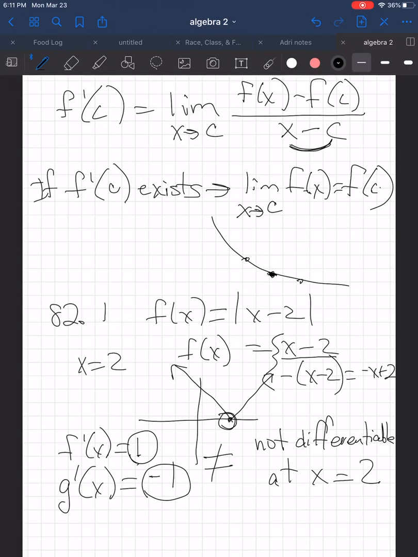So we used derivatives and determined that on one side it was a positive 1, on the other side a negative 1, which tells us it's not differentiable at that point. That is the critical point for this graph, the only critical point.